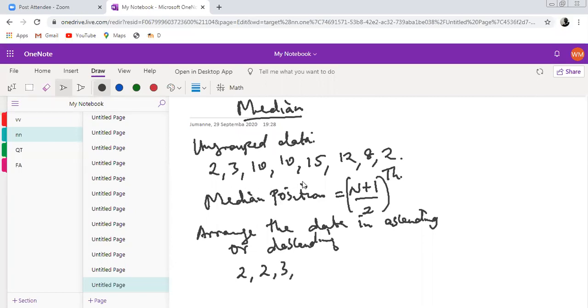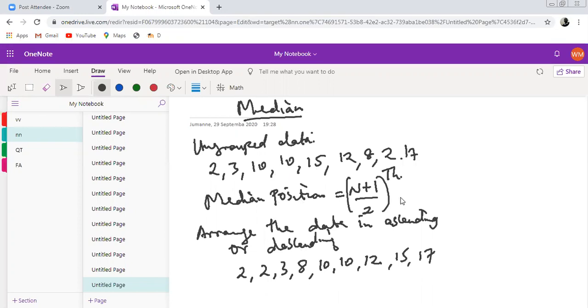After 3, the next one is 8. Then we have 10, 10, and then 12. And then the highest is 15. Let me add the other one. Maybe we had 17 here.